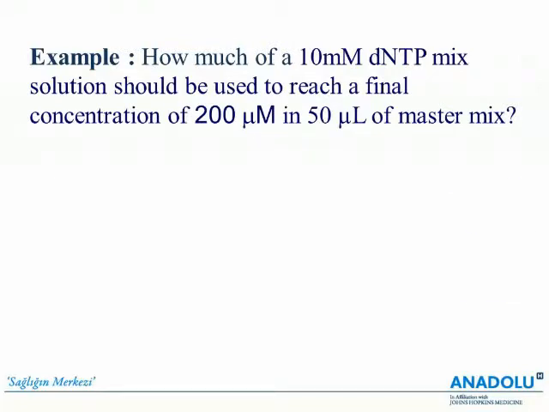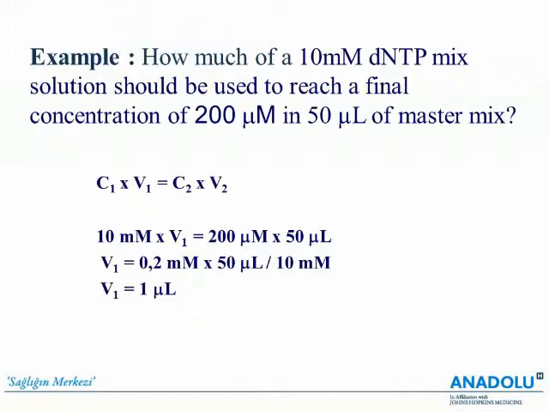So what do we know here? What we are trying to find is V1. How much of this do we need? Here, one thing I'd like you to be careful with is that one of them is millimolar, the other one is micromolar. So here we should not make a mistake, and we should not forget to convert these two into each other.